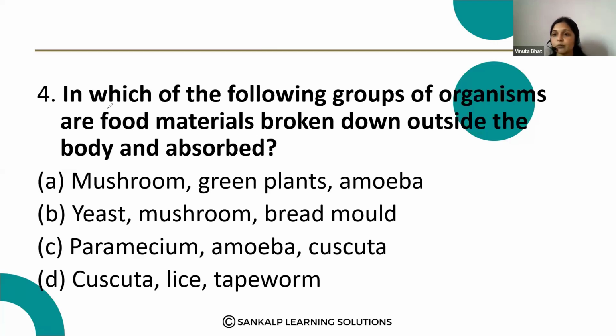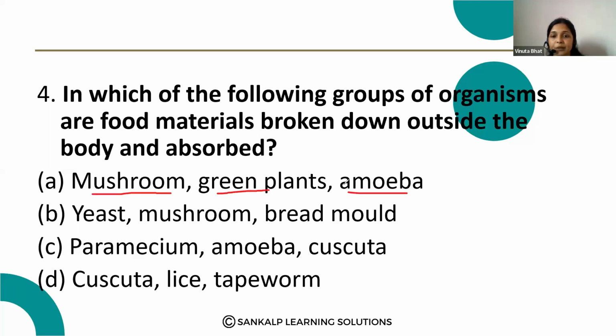Commonly, in human beings, we take the food inside our body, and after that it is broken down, digested and absorbed inside our body. But in this group of organisms, they break down the food outside and after that they absorb it. So which of the following groups has the correct organisms?